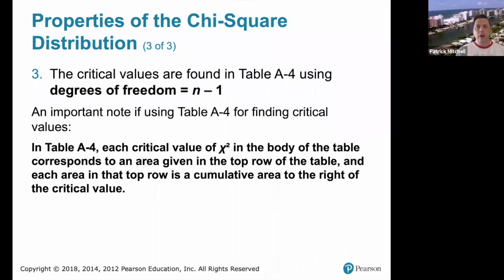An important note, if using table A4 for finding critical values, in table A4, each critical value of chi-square in the body of the table corresponds to an area given in the top row of the table. And each area in that top row is a cumulative area to the right of the critical value. So we're going to have to be a little bit more careful using the chi-square table, again, because the chi-square distribution is not symmetric.